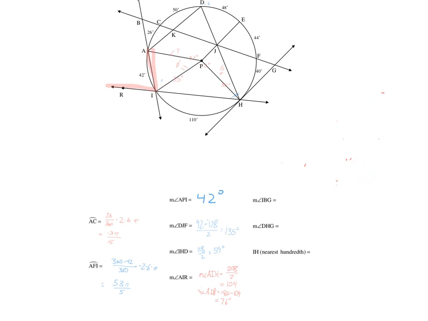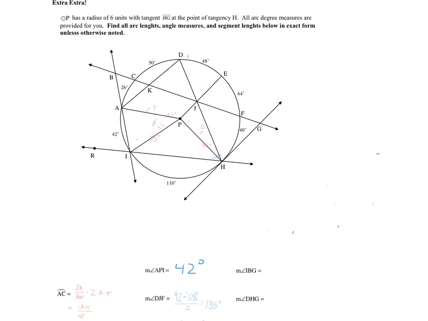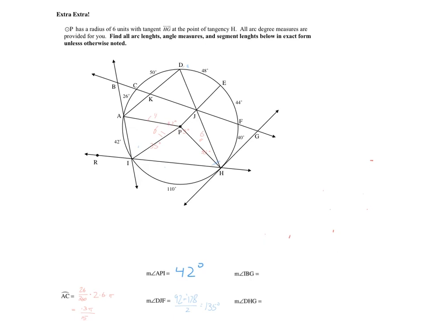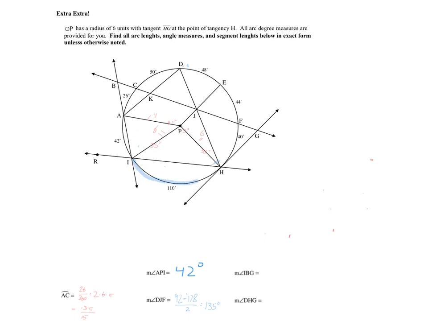Now let's see what angle we're trying to find next. The next angle we are trying to find is IBG. IBG is going to be an exterior angle. So we're going to have to subtract two arcs: the first arc minus the second arc. So 150 minus 26. Let's get rid of these eraser parts here.